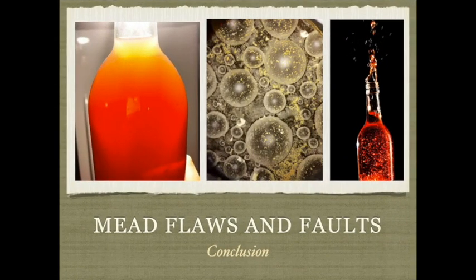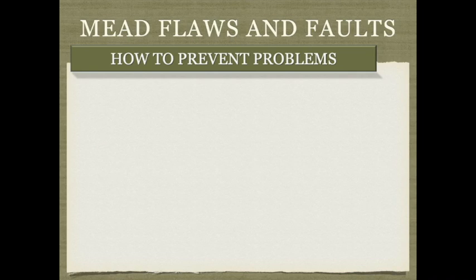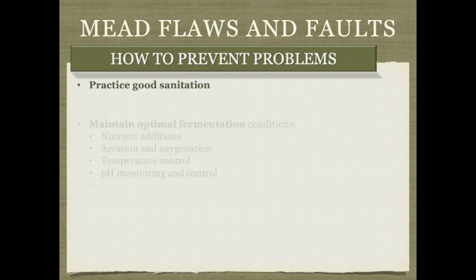Well, that brings us to the conclusion of our presentation, Mead Flaws and Faults. As I mentioned, prevention is always the best. It's always better to prevent the problem in the first place rather than having to try to figure out what to do after the fact. In order to prevent microbial flaws, always practice good sanitation.